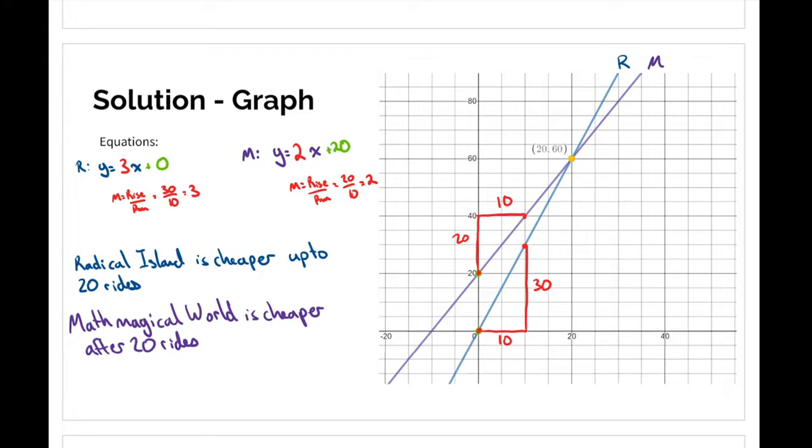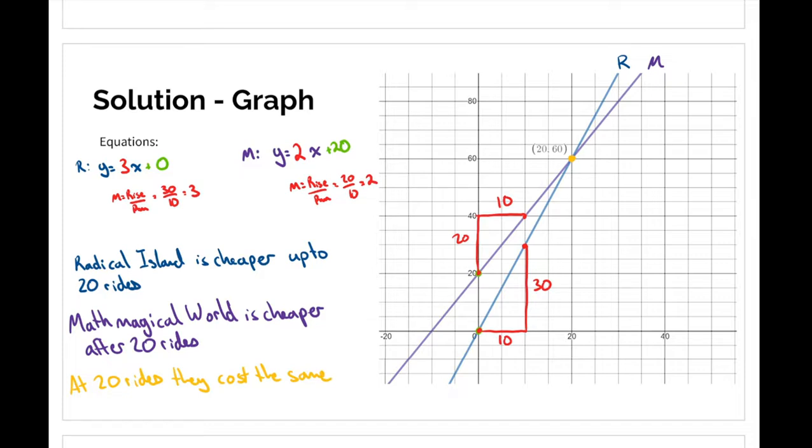We have this point circled, or we've indicated that this point is important, or we've at least put the coordinates in. So at this point, neither line is higher. So you could say at 20 rides, they cost the same.